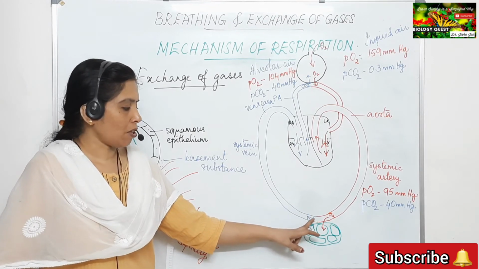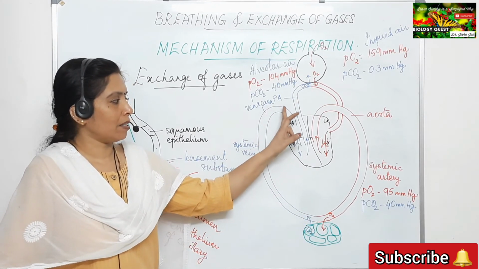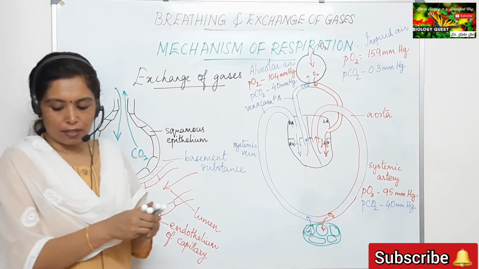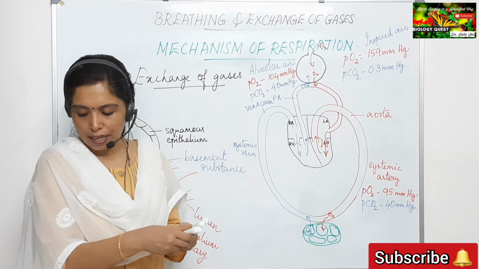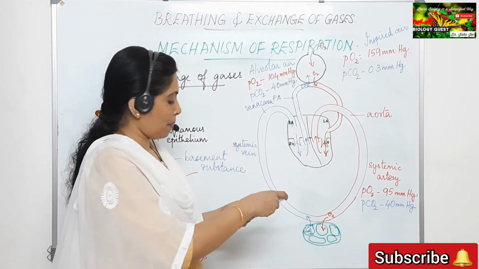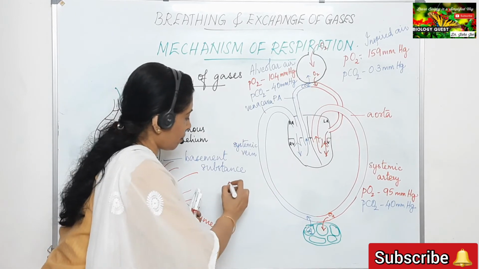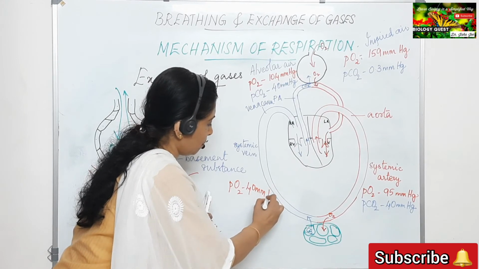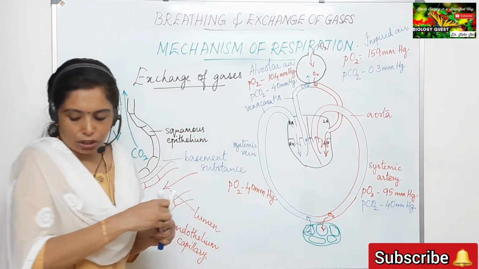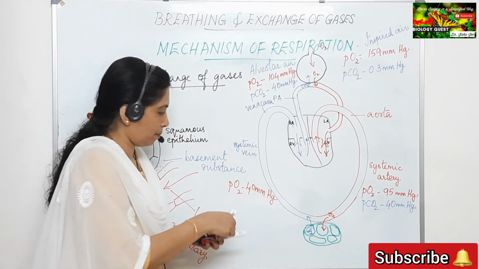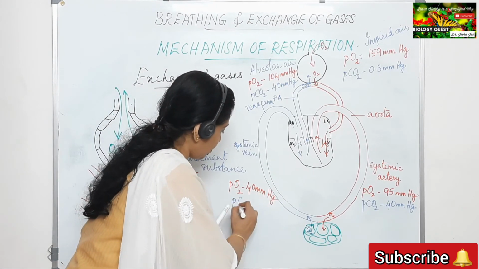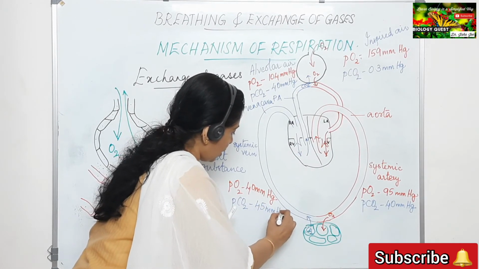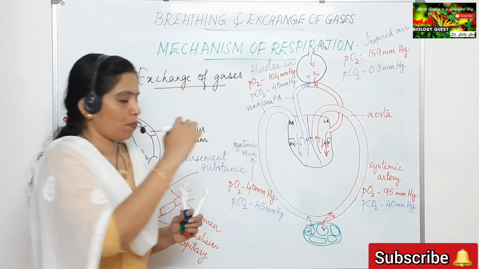Okay, this deoxygenated blood is brought back into the heart through the systemic vein. If you look at the partial pressures of oxygen and carbon dioxide in the systemic vein, the partial pressure of oxygen is 40 millimeters mercury, and the partial pressure of carbon dioxide is 45 millimeters mercury, that is in the systemic vein.